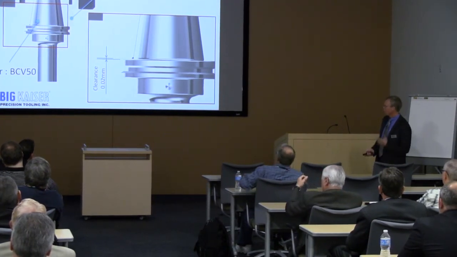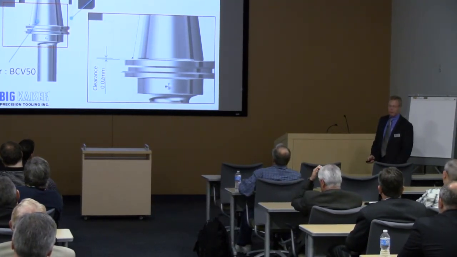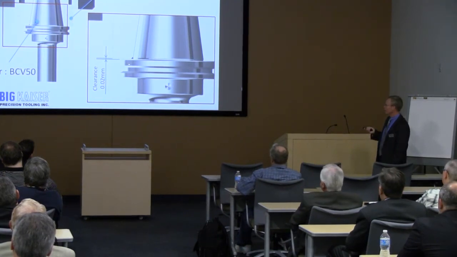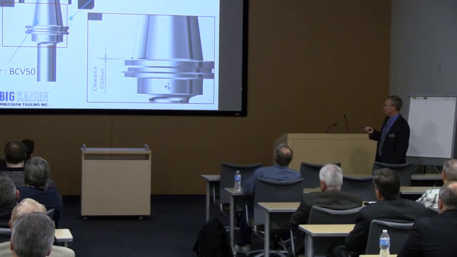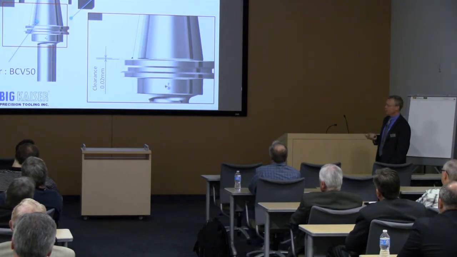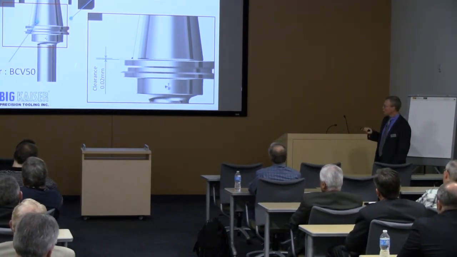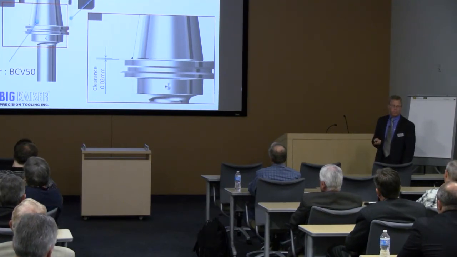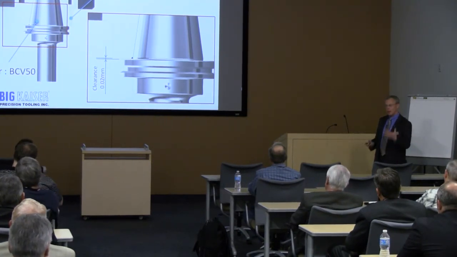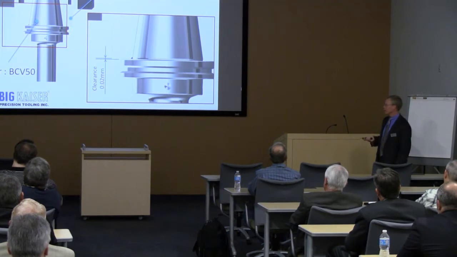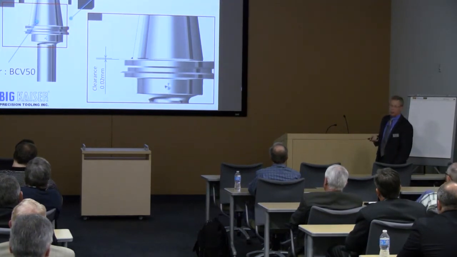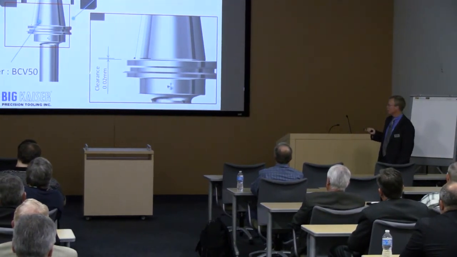So in a normal Big Plus spindle to a Big Plus tool holder, we will see before clamping at least a clearance of 4/10 or 10 microns, up to normally 20 microns or 8/10. And some machines might even be as much as 30 microns. Generally, this is where we see it.